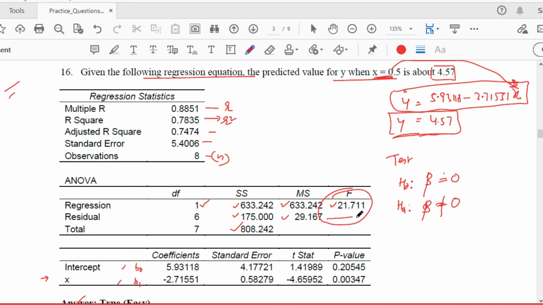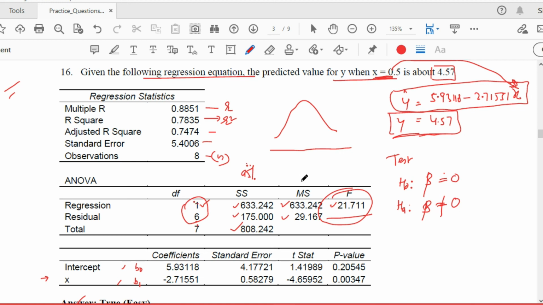For that we need to check the F table and find whether it is in the acceptance region or rejection region. Before that, check degrees of freedom 1 and 6 at 95%.